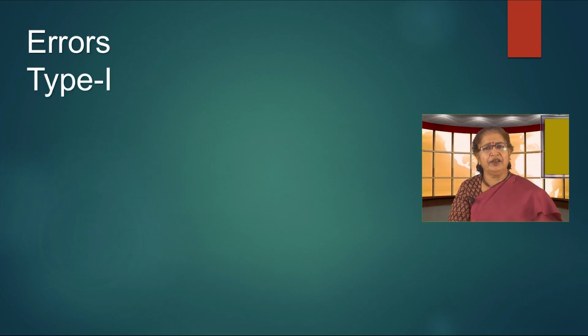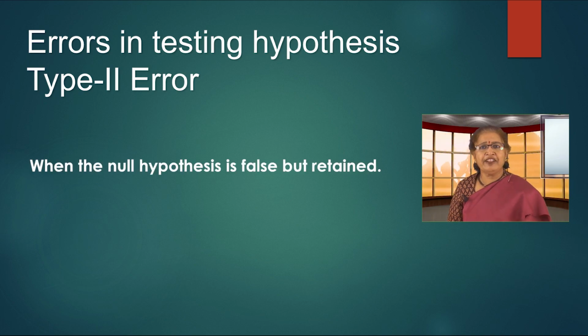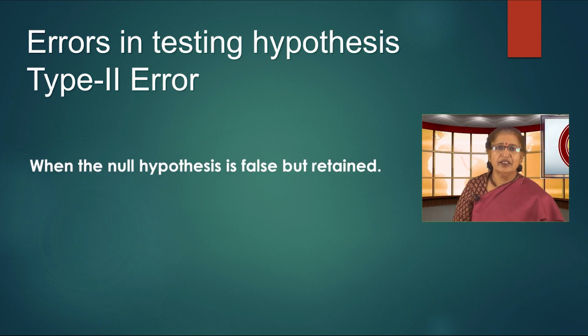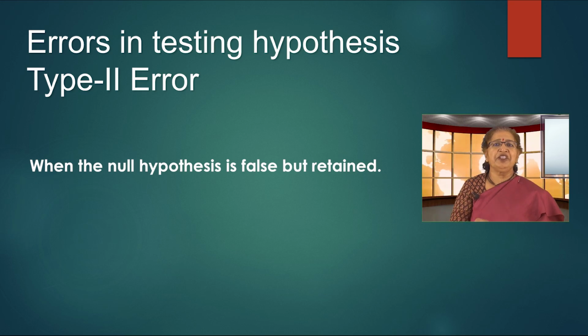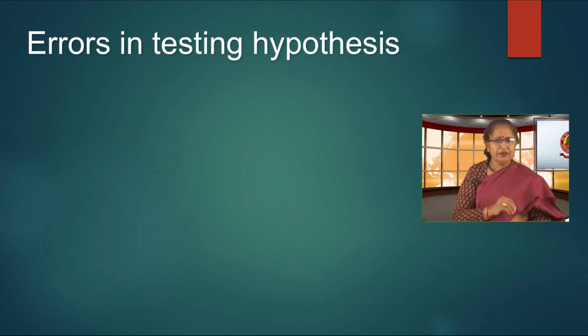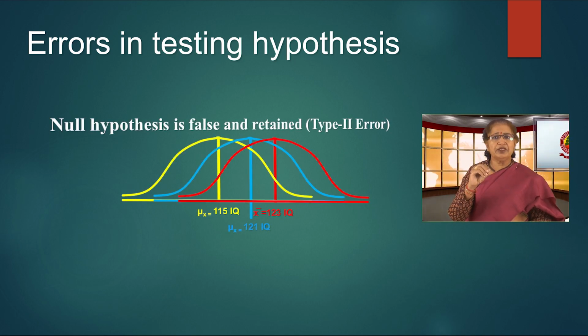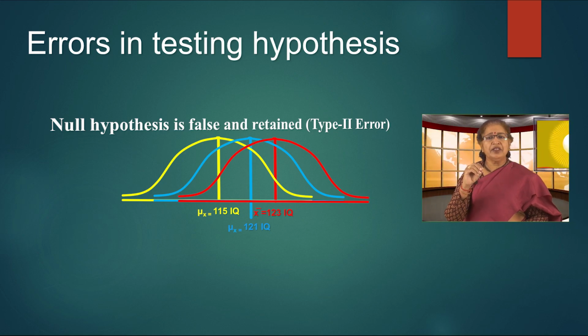On the other hand, if we retain the null hypothesis and in fact it is false, we have committed a type 2 error. How may that be? Unknown to us, the mean of the population is really 121.